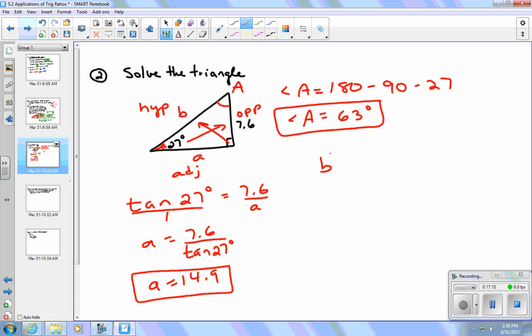Okay, so we could say that b squared is equal to 7.6 squared plus 14.9 squared. So b squared is equal to 279.77. So b is the square root of that.